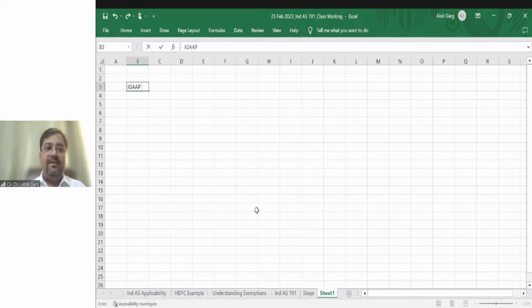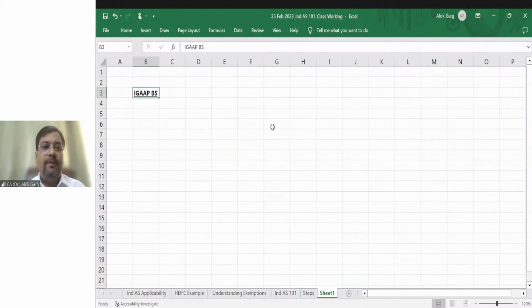This is the IGAAP balance sheet. And I want you guys to please write down this problem with me. In the IGAAP balance sheet there is share capital. This is equity share capital, and this is preference share capital.